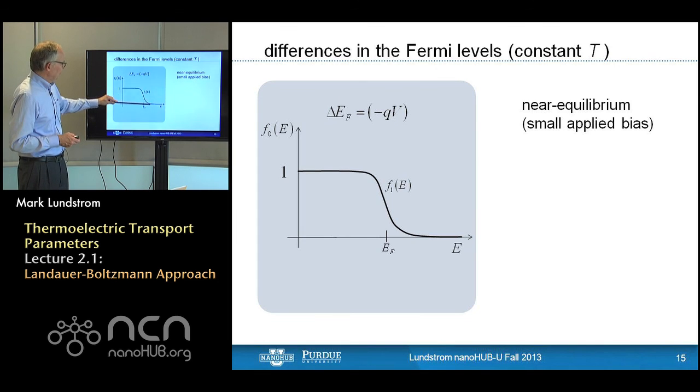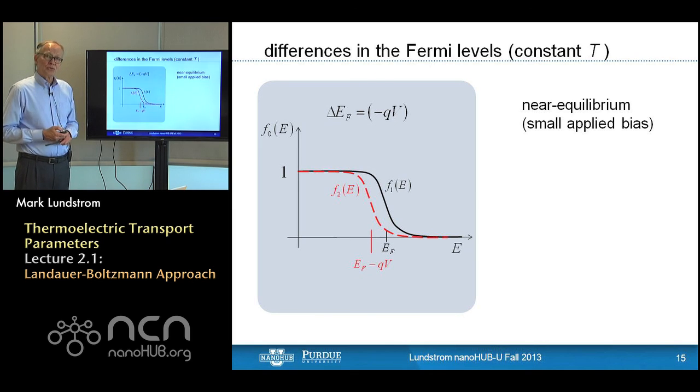So here's my Fermi function. For energies way below the Fermi level, the probability that a state is occupied is close to 1. For energies way above the Fermi level, it's close to 0. At the Fermi level, the probability is 1/2, and the transition from 1 to 0 occurs a few kT about the Fermi level.